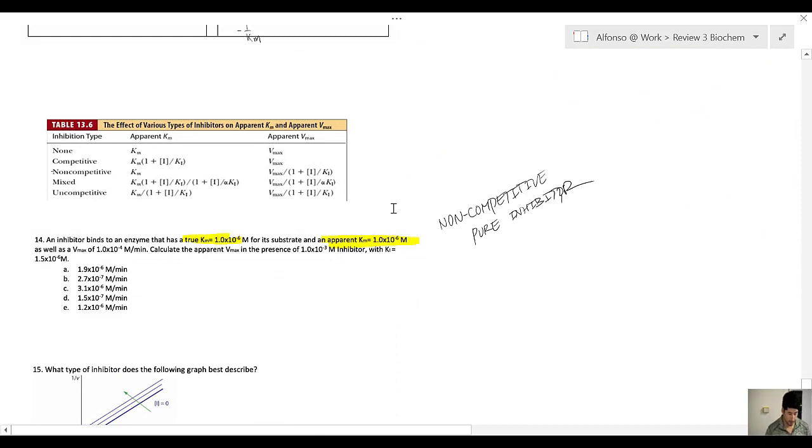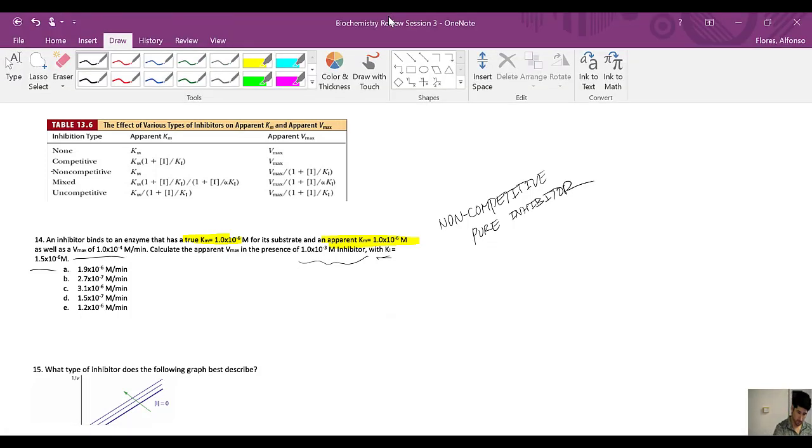Okay, so because of that, we have a non-competitive pure inhibitor, and we know the Vmax is 1.0 times 10 to the negative 4th molar per minute, and they want us to calculate the apparent Vmax in the presence of this much inhibitor, and this is the Ki. And remember, Ki is the affinity of the free enzyme for its inhibitor.